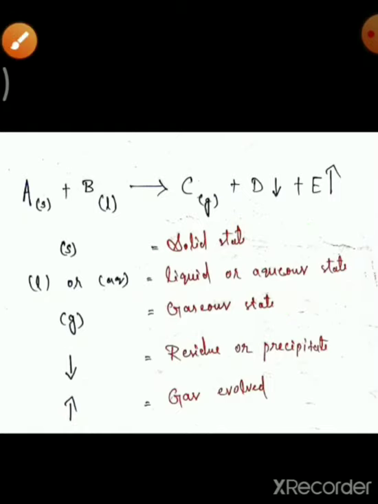So we have discussed everything about the chemical equation. First thing, we understood what a chemical equation is and that it consists of reactants and products.